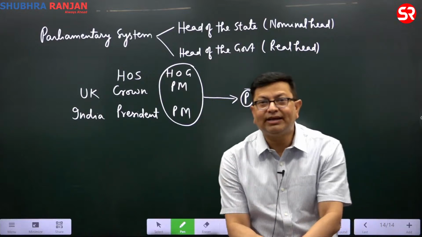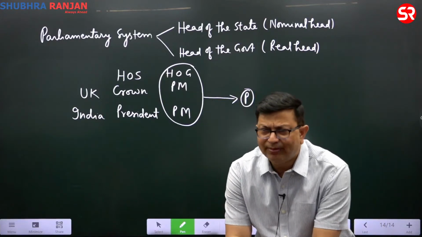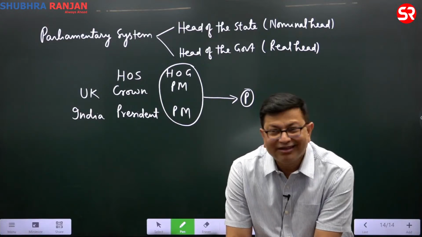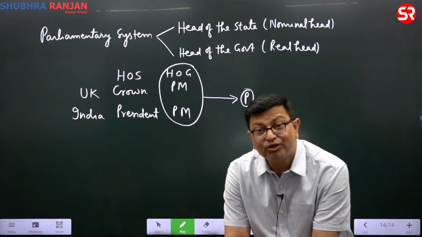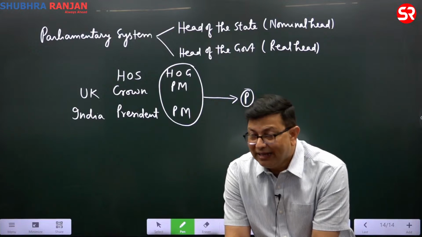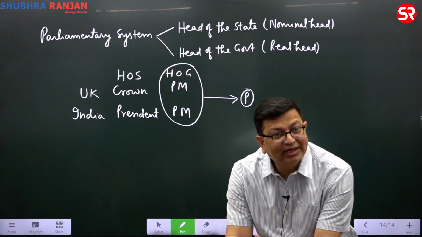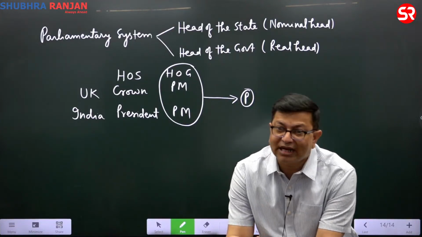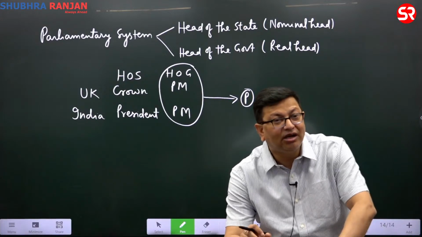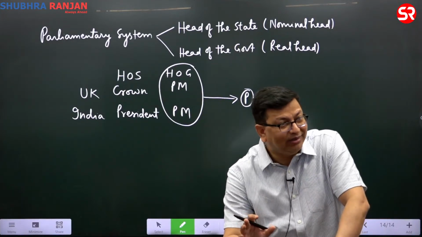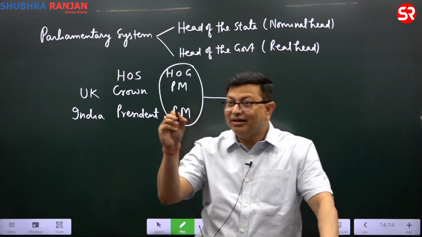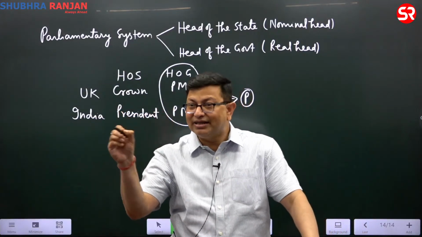In the United Kingdom, the British Prime Minister must be a member of the House of Commons. In our country, whether you are a member of the Lok Sabha or the Rajya Sabha, you will be termed an MP, member of parliament. In bracket it is written Lok Sabha and Rajya Sabha.